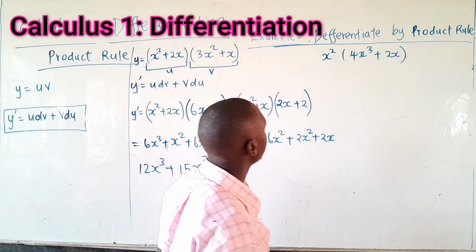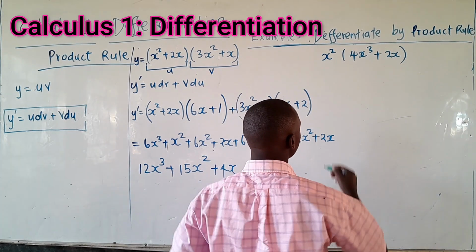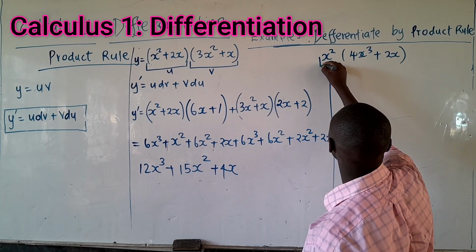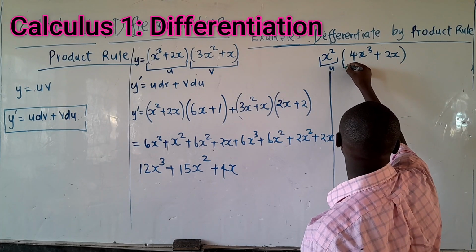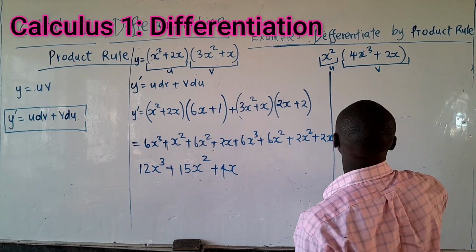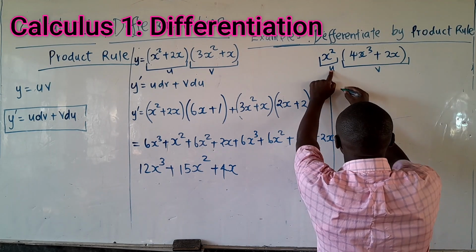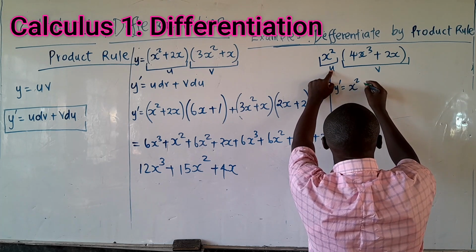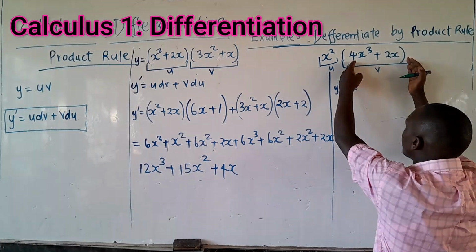Well, let's do this example here. Looks very easy. So this is u and this is v. If we take the first function x squared, y prime is going to be equal to x squared multiplied by the derivative of the second function.